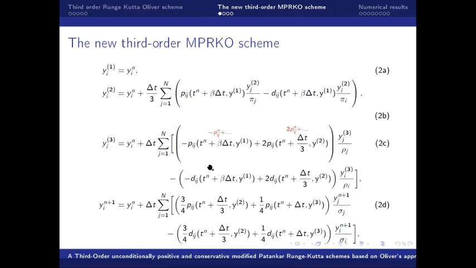Negative with I, positive with J. This will give you an M matrix, and then you will have unconditional positivity, independent of delta T. That's the trick.